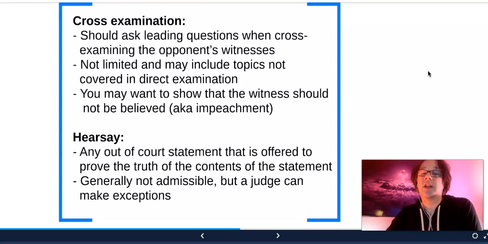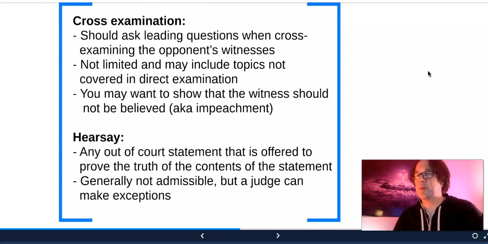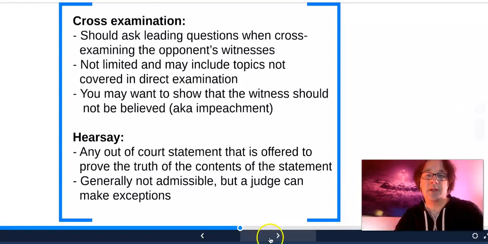So, hearsay is generally not admissible. A judge can make exceptions, but it would be rare. It would be a tight rope that a judge would be walking, or a fine line, in terms of admitting hearsay testimony. So it's generally not acceptable in court.